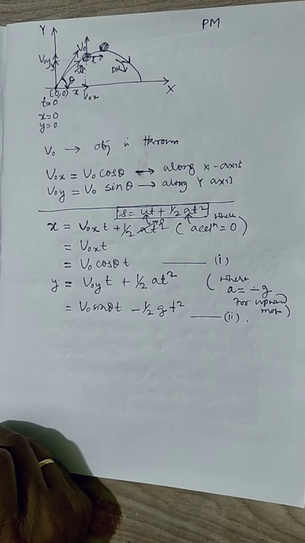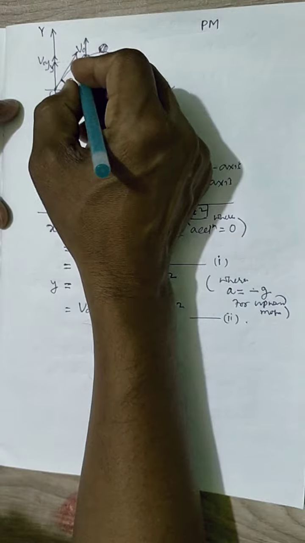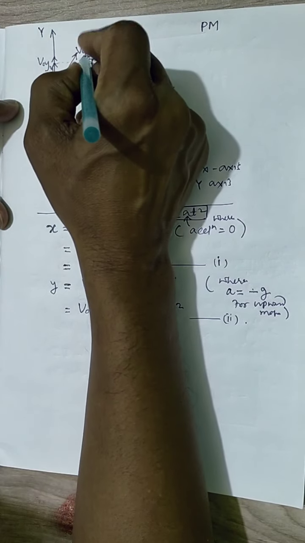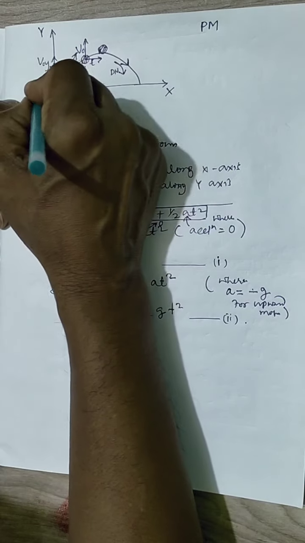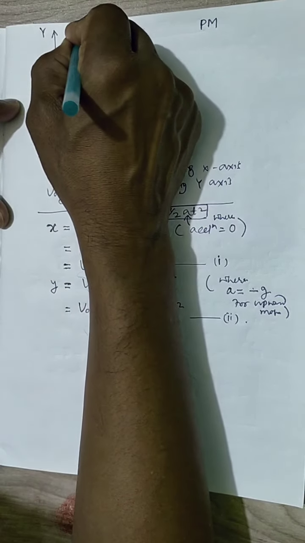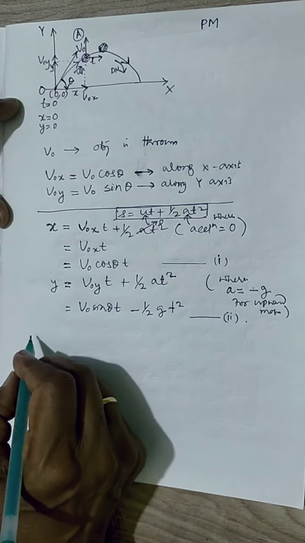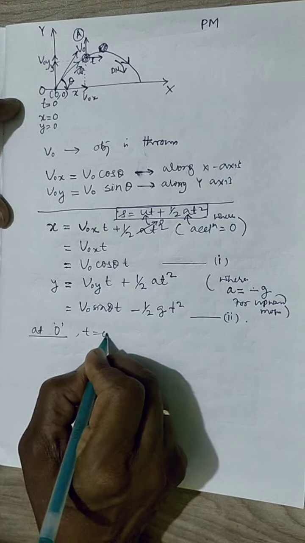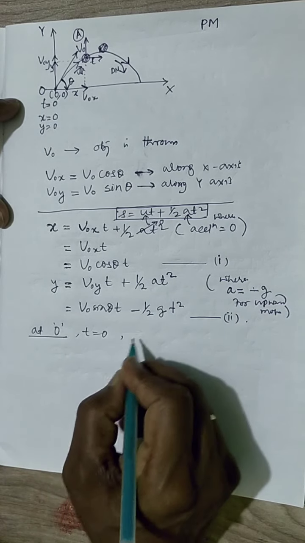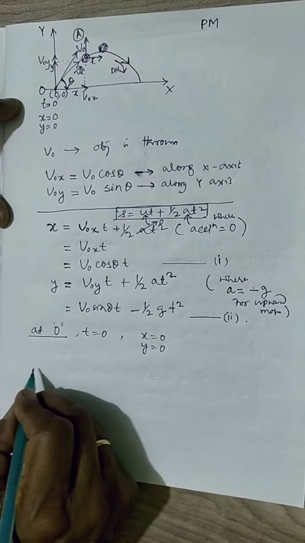At the same time, let after time t the object have reached point A. We know at O, t was equal to 0, x was equal to 0, y is equal to 0.